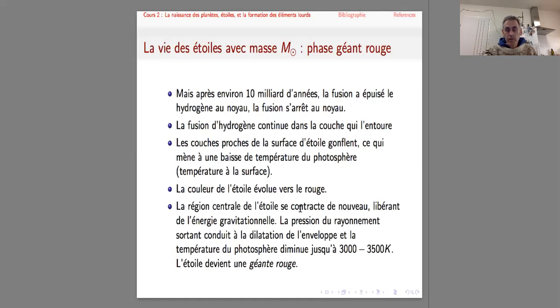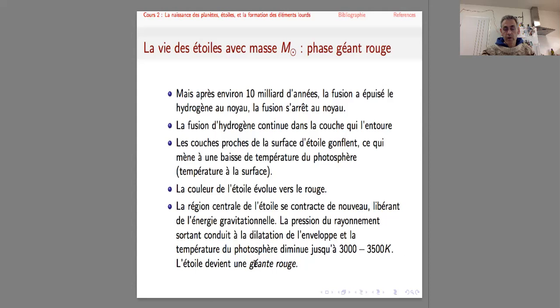The central region of the star will contract more, and this will liberate gravitational potential energy, emitting more radiation, and this radiation has pressure associated with it, which will cause the star to continue to expand in the outer regions, especially this photosphere, and its temperature will drop down to between 3 and 3,500 Kelvin.